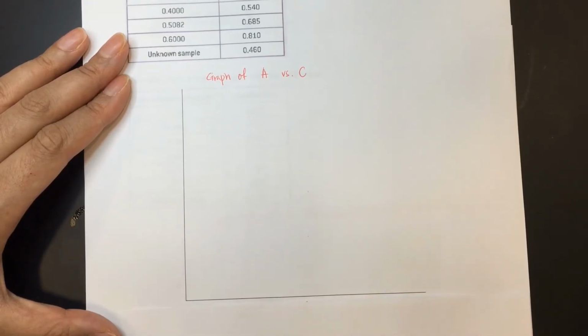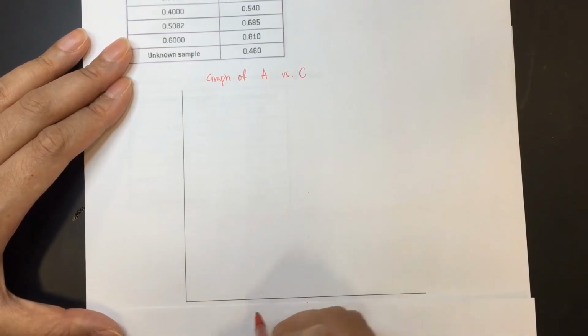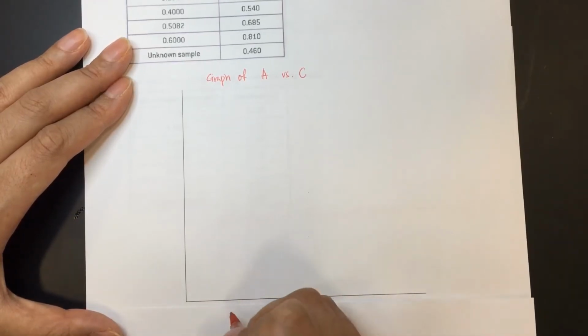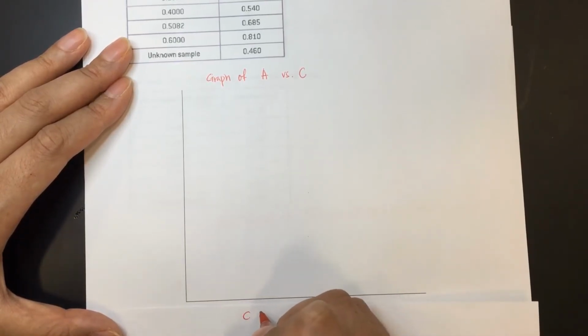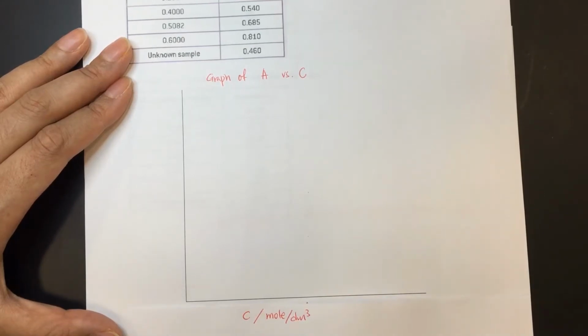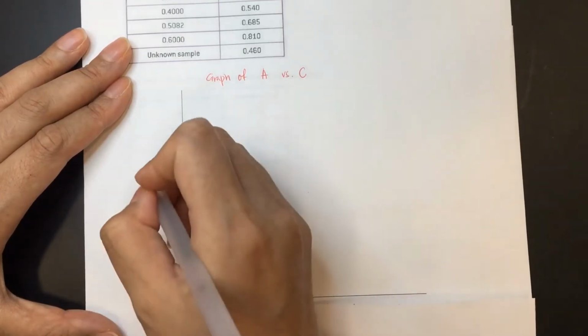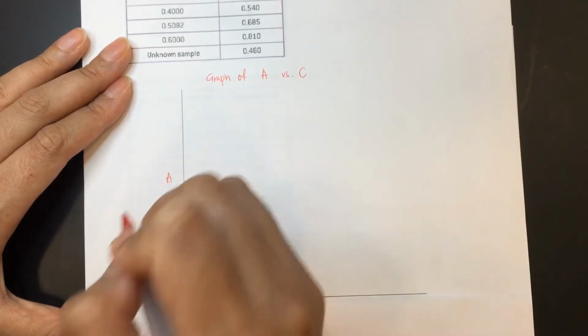We know that the x-axis is the concentration, so we label the x-axis as the concentration, and the unit is mole per decimeter cube. The y-axis is your absorbance, so we can label it as A.